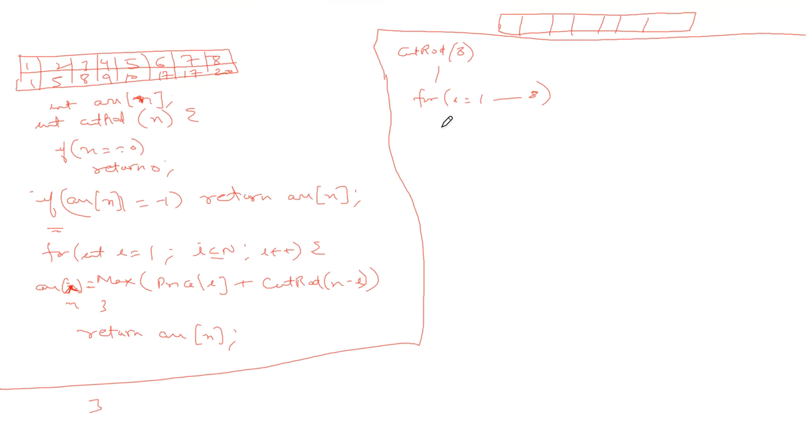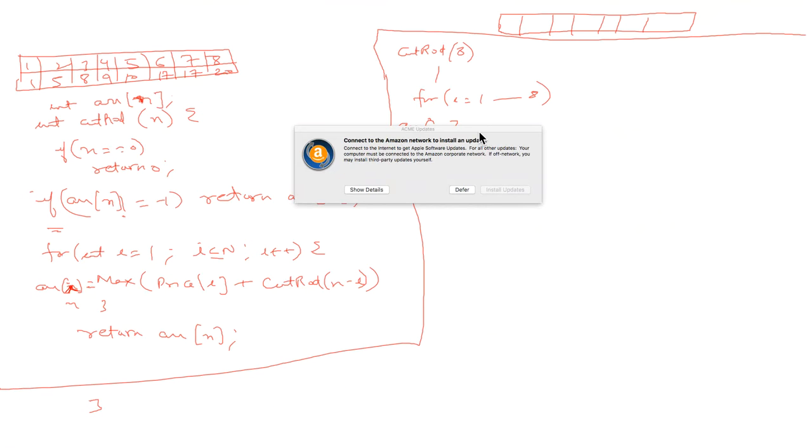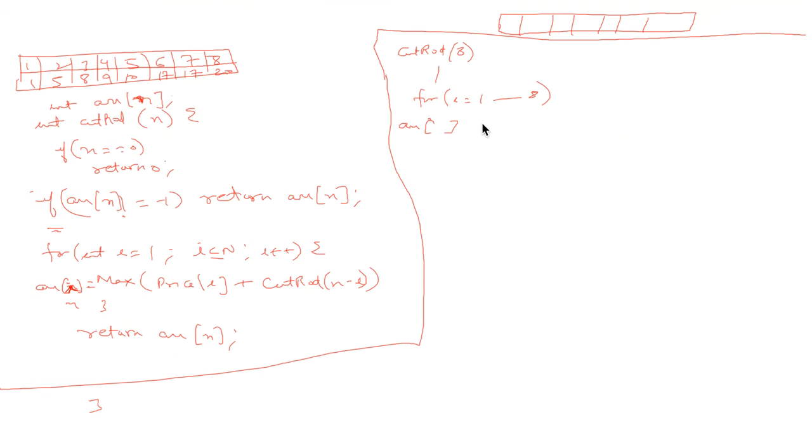Do something. Okay. Arr of n is returned if it is not equal to -1. Otherwise, arr of something, I'm not sure what it is, will be equal to max of price of 1 plus cut rod of 7.